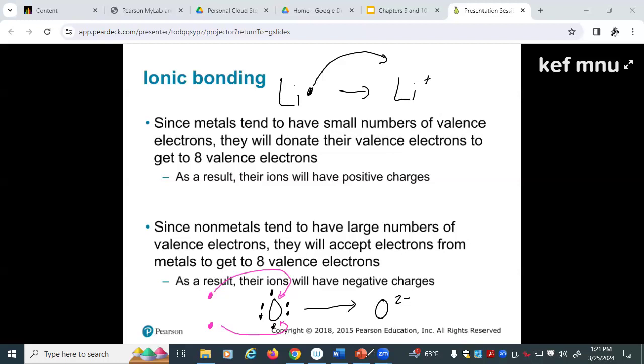Those extra 2 electrons will give it a -2 charge. And so in addition to the 6 electrons it already had, those 2 extra electrons help it fill its octet. Now it's got 8 electrons around.